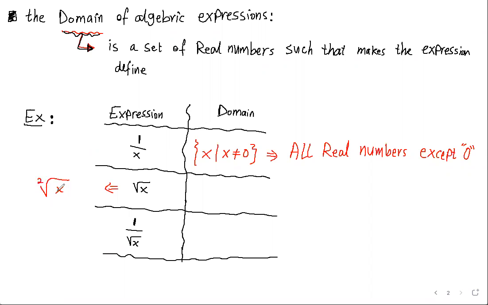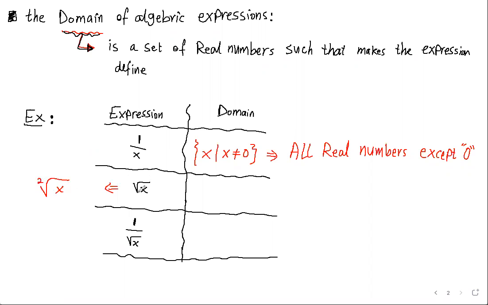Any even root must have the inside of this radical positive. X must be positive, I mean like square root of 1, square root of 2, any positive number.